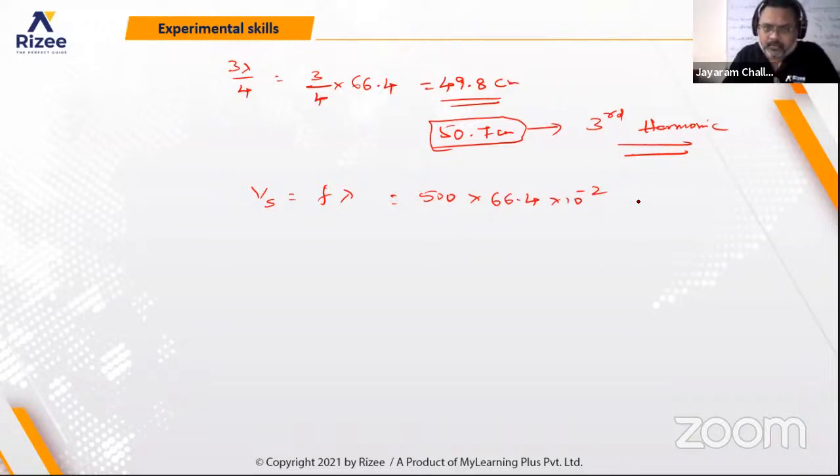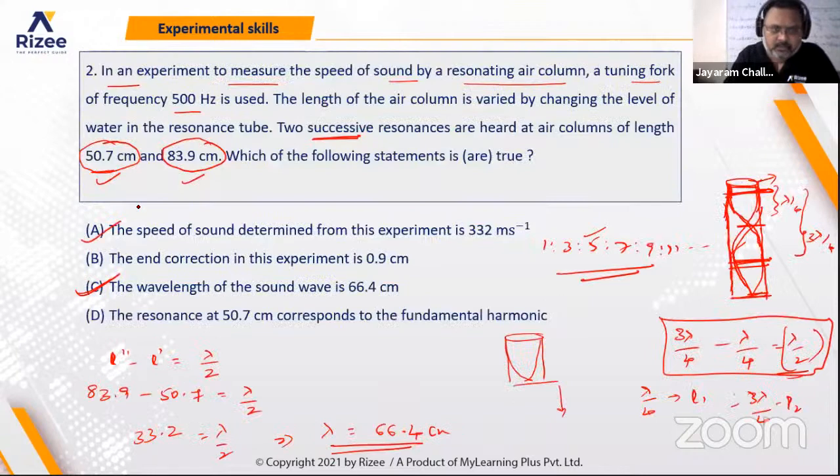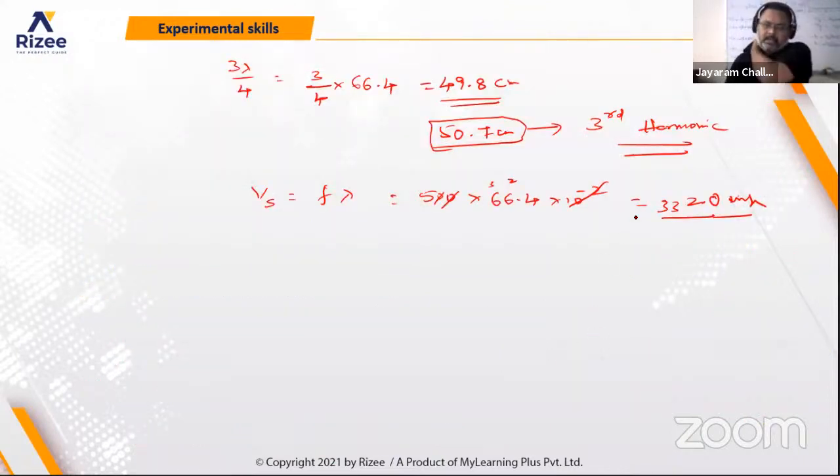On solving this, we get 332.0 meters per second, so obviously this should be your first option. According to wave motion, this comes under the superposition of waves.